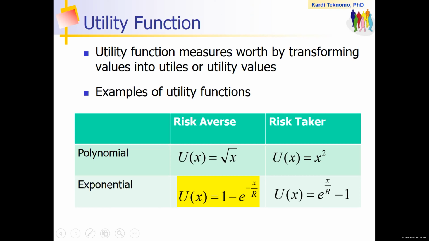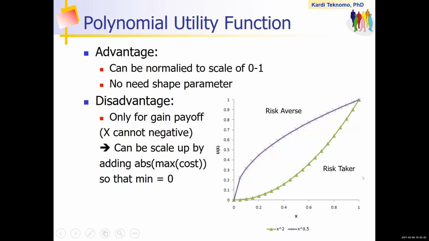If you use exponential, this is the most often used. If you are risk averse, you will use 1 minus exponent of x divided by a certain r, where r is a constant. If you are a risk taker, you use exponent of x per r minus 1. Now if you use polynomial, you will get this kind of curve.